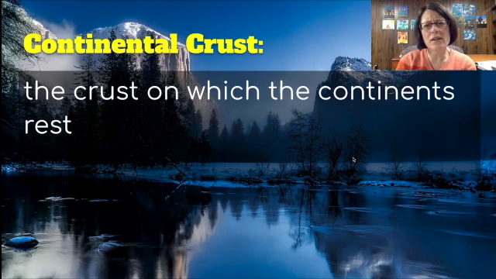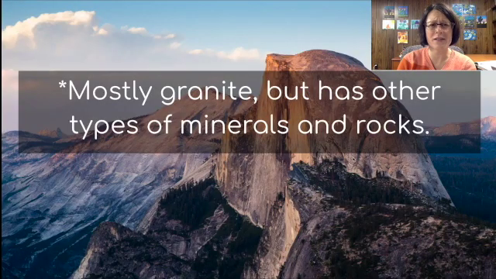Now let's take a look at the continental crust versus the oceanic crust. So the continental crust is the crust on which the continents rest. And you would think they'd probably be pretty similar, but they're not. They're quite different.